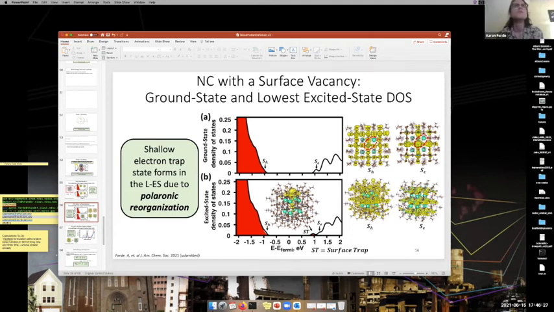Can you? What do you mean by repopulating? On the bottom density of states, you have the red filling of the peak corresponding to ST, and the void, the absence of population at the SH.